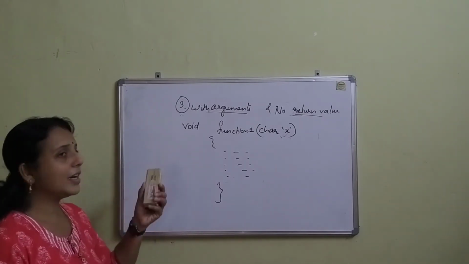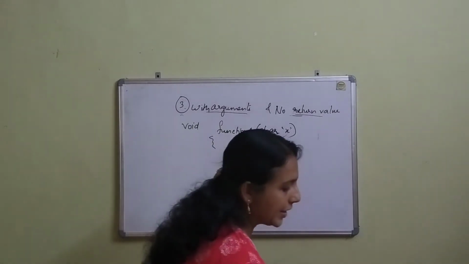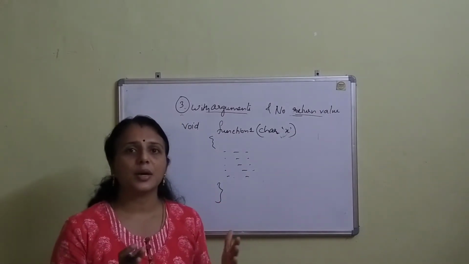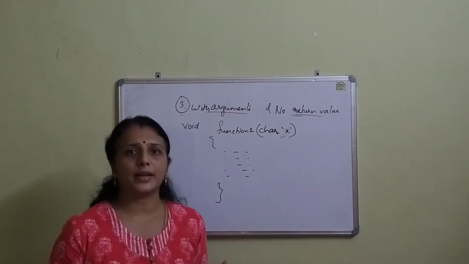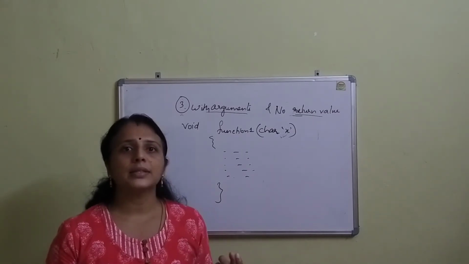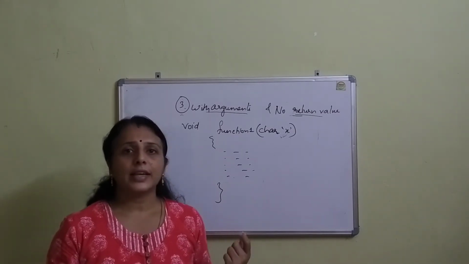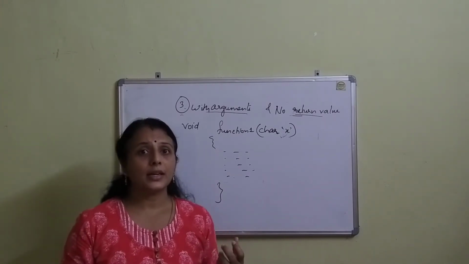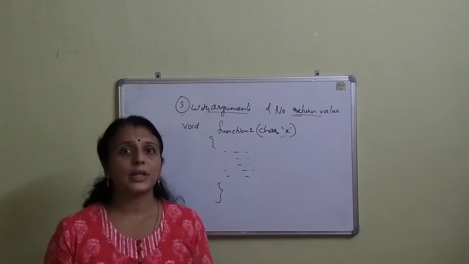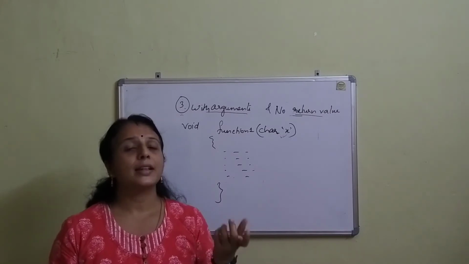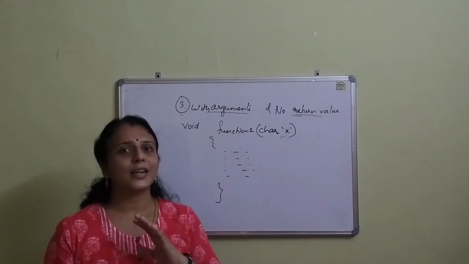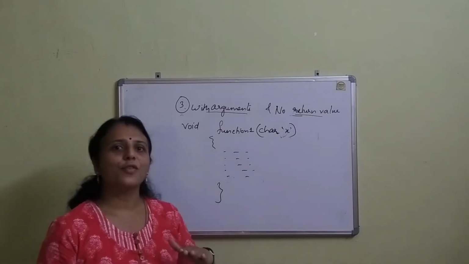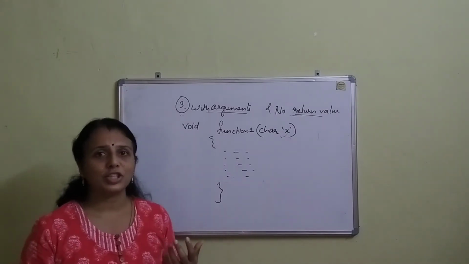So these are the four categories under which a function is defined. The function definition comes under any of these four categories. The first is no arguments and no return type, the second is no arguments and with return type, the third is with arguments and no return type, and the fourth is with arguments and with return type. So these are the four classifications of a function definition.